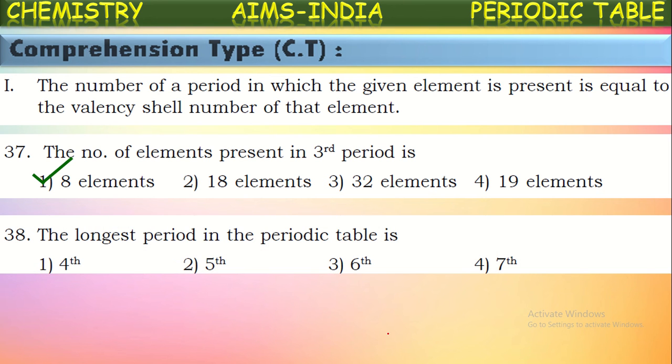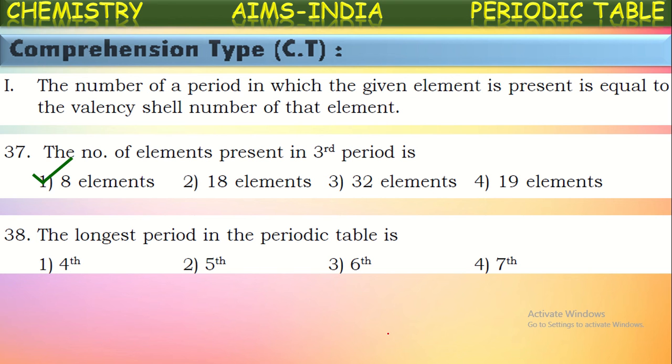Next one, longest period in the modern periodic table. Yes, the first period has only 2 elements, second and third have 8 elements each, so they are called short periods. The first one is called very short or shortest period. Fourth and fifth have 18 elements each, so they are called long periods.